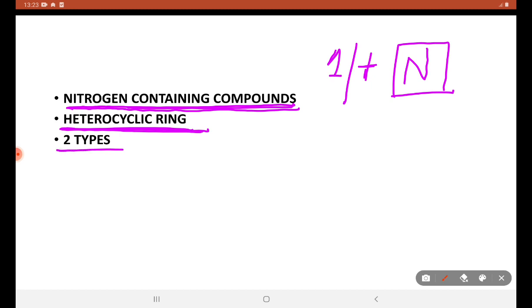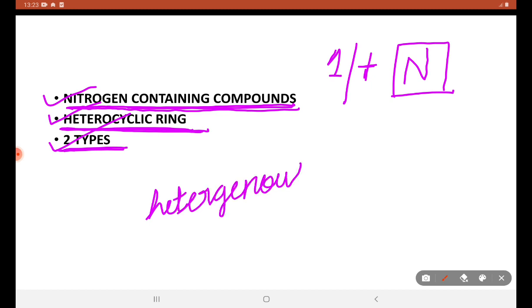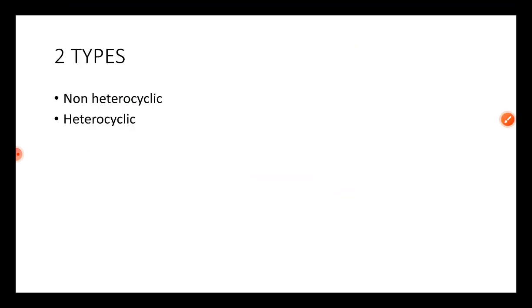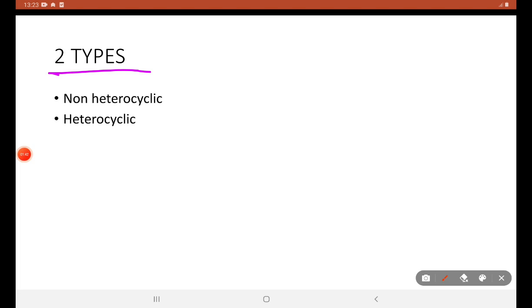These are the basic information regarding alkaloids, and they are very heterogeneous in nature. There are two types: non-heterocyclic and heterocyclic, the two broad classifications of alkaloids.